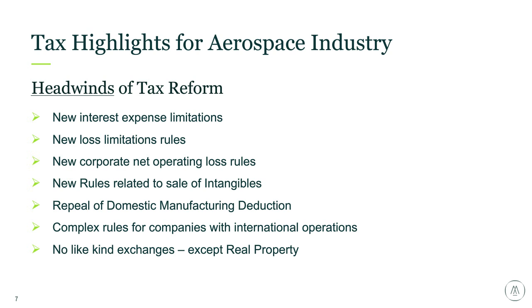Another one is the new rules related to the sale of intangibles. This really is going to impact M&A transactions and the sale of an organization. What they changed was what is a capital asset: self-created patents, inventions, designs, and secret formulas and processes are no longer considered a capital asset, so those will be considered ordinary income.